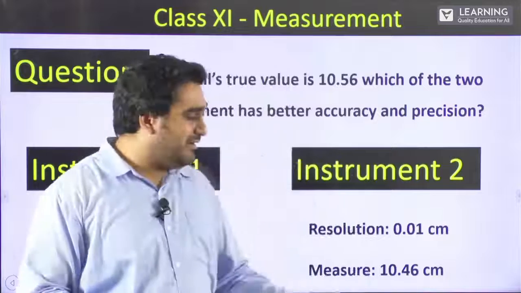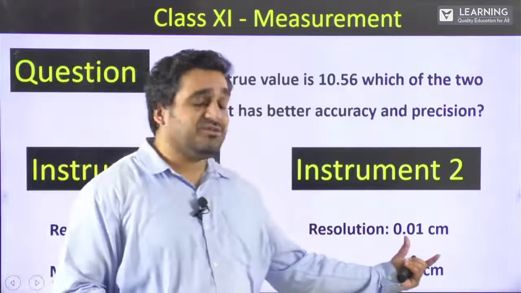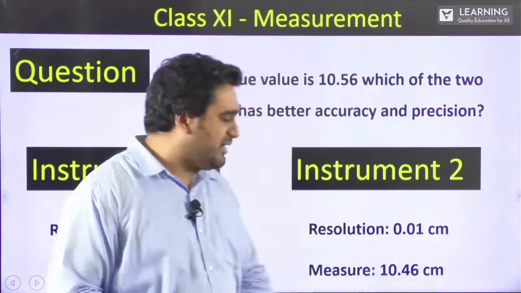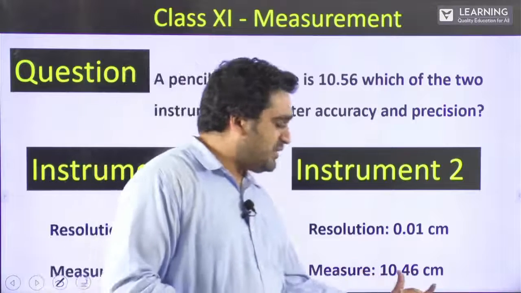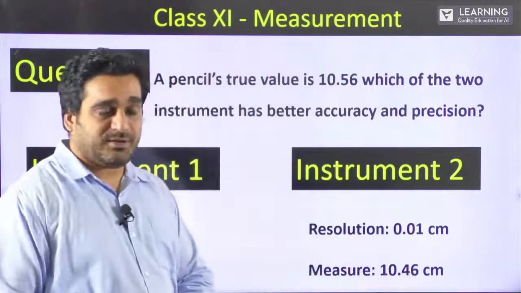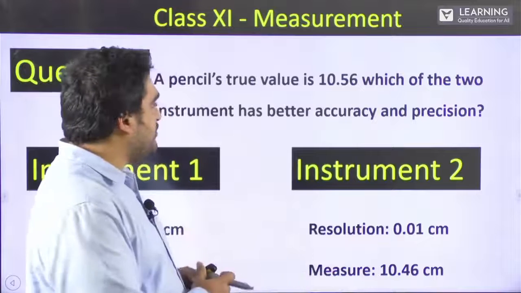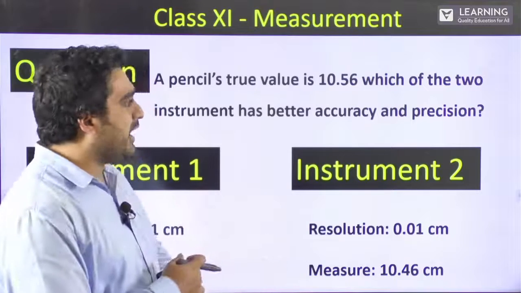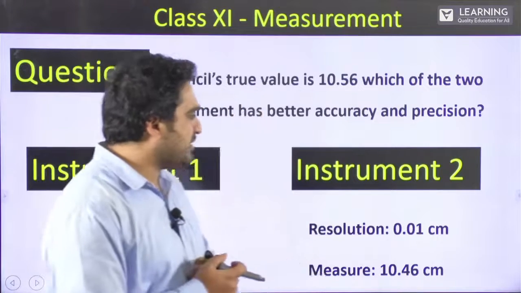On the other hand, instrument 2 has a resolution of 0.01 centimeter and a measure of 10.46 centimeter. Among these two instruments, which one has a better accuracy and precision?